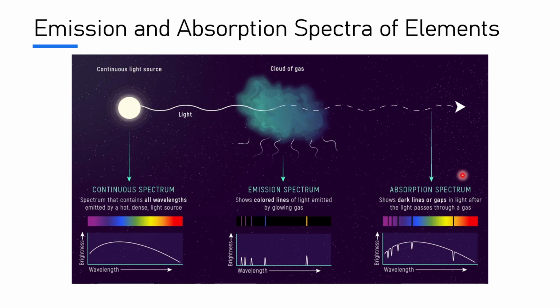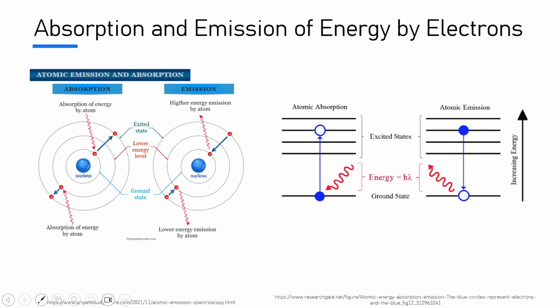So let's say that we are shining light into this cloud of gas. As the light passes, some of the electrons that make up the matter inside this cloud will absorb some of the light. What that's going to cause, as we've seen before, is the electron to take in that light and raise to an excited state.